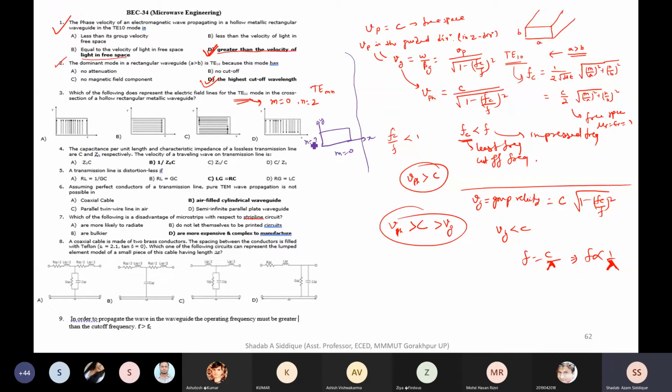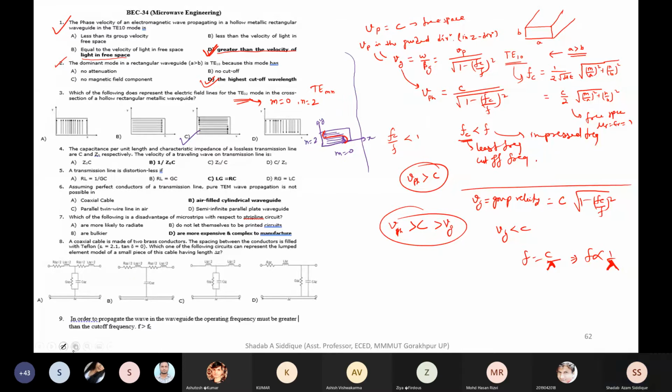Looking from this side, it should be visible as 2 changes in the phase or direction of the lines, and from this side it should be 0. So the answer is this one, and it looks like this.